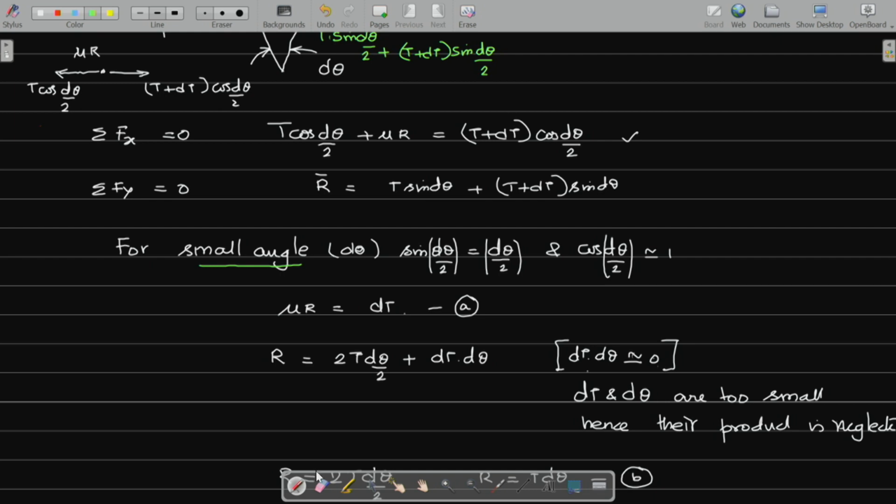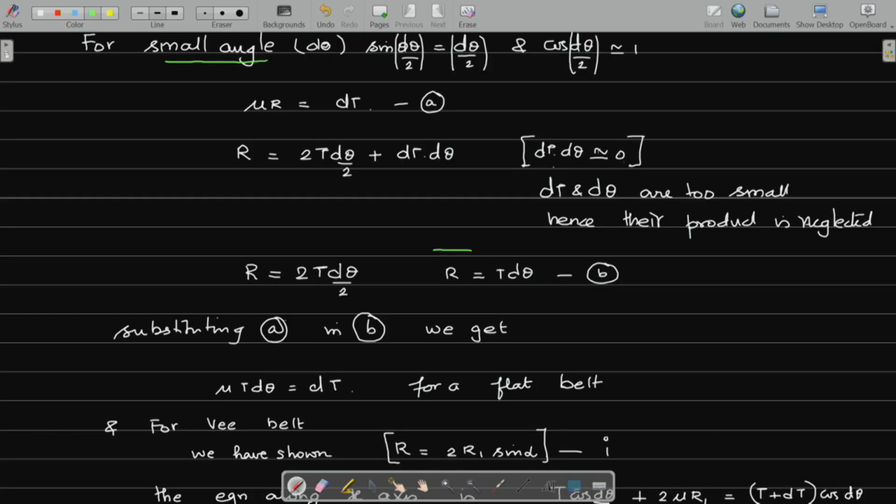So using that, if I simplify and substitute in the equation, we get mu R is equal to dT, and further simplifying, taking into consideration dT into d theta is too small, neglecting it, you get R is equal to T d theta. I will call this B and the previous equation A. Substituting for the value of R from B in A, you get mu T d theta is equal to dT. This is for a flat belt.